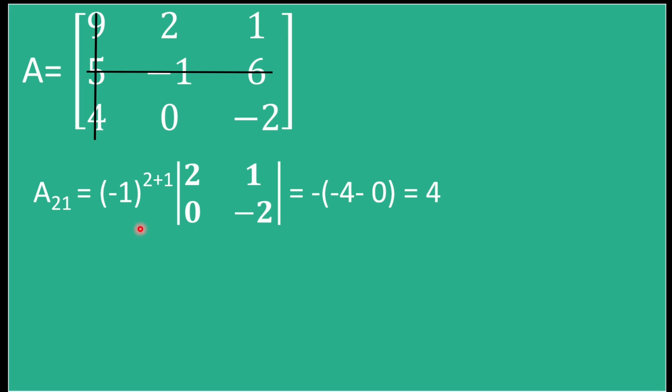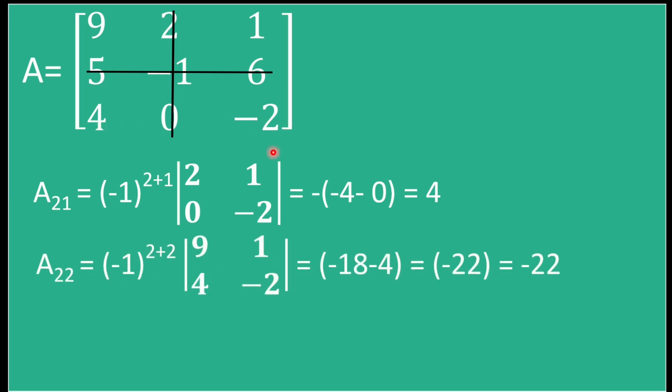And now for A22, we will eliminate second row and second column, and we will write 9 1 and 4 minus 2, and here we will write minus 1 power 2 plus 2. So now we will multiply this minus 2 with 9, so it will become minus 18, and then minus, and we will multiply 4 with 1, so it will become 4.